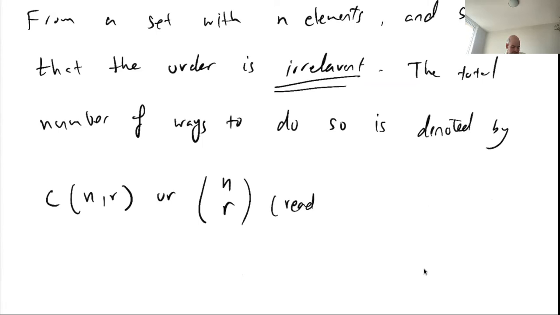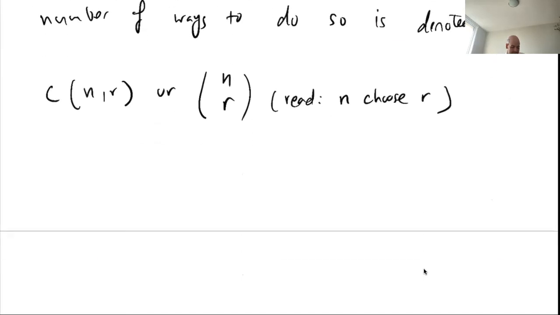So read it as n choose r. This is also called a combination; this C is denoting combinations, r elements chosen from n elements.